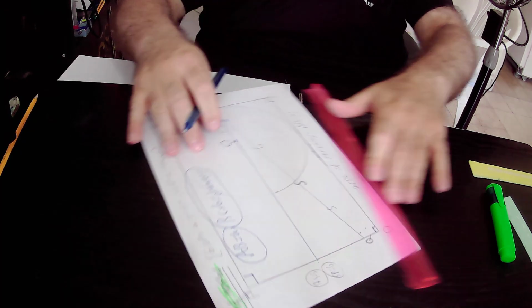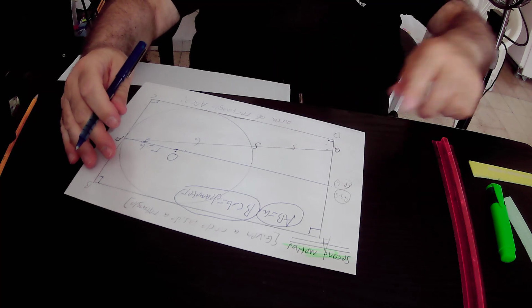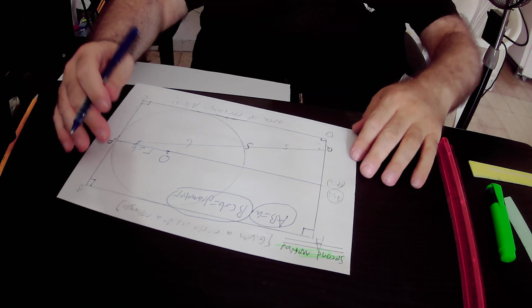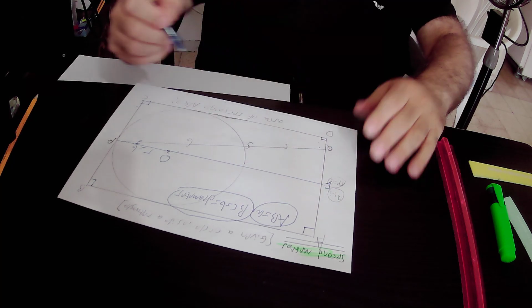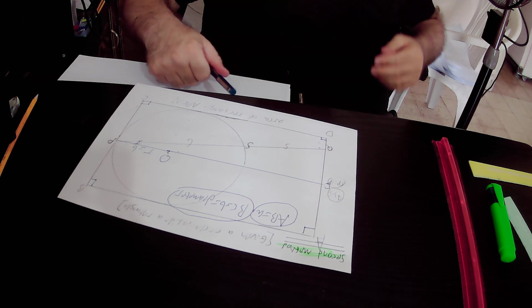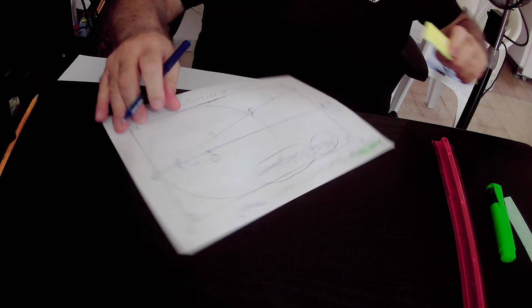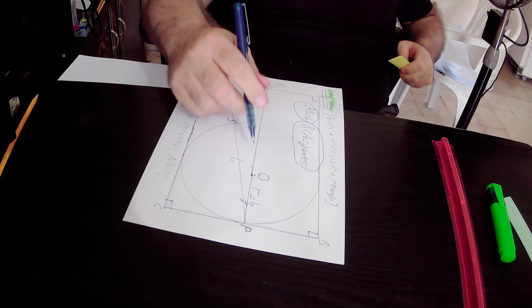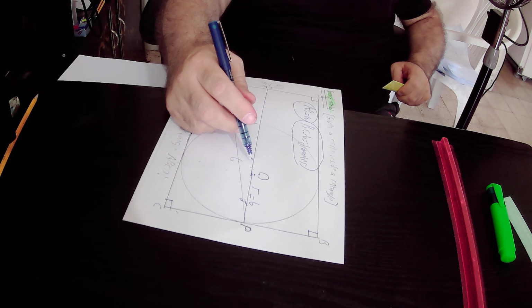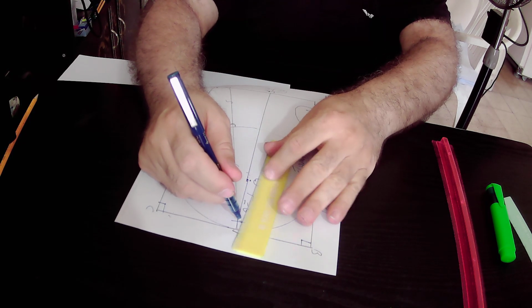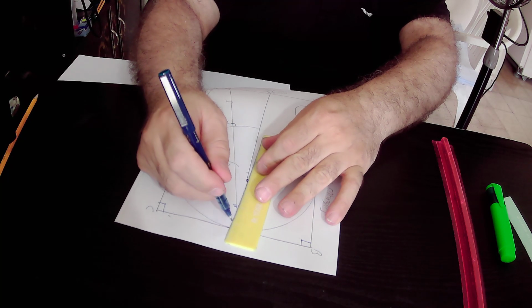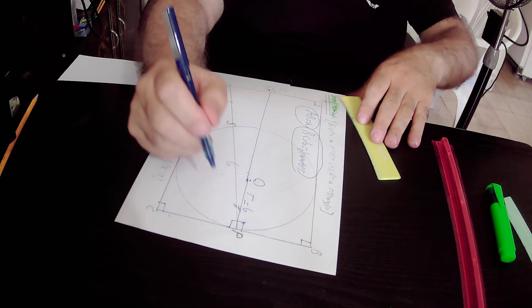We'll define the touching point of the extended radius PO and AD as point F. Here I already mentioned in the first method that this angle equals 90 degrees and this angle also equals 90 degrees according to rule number 1.